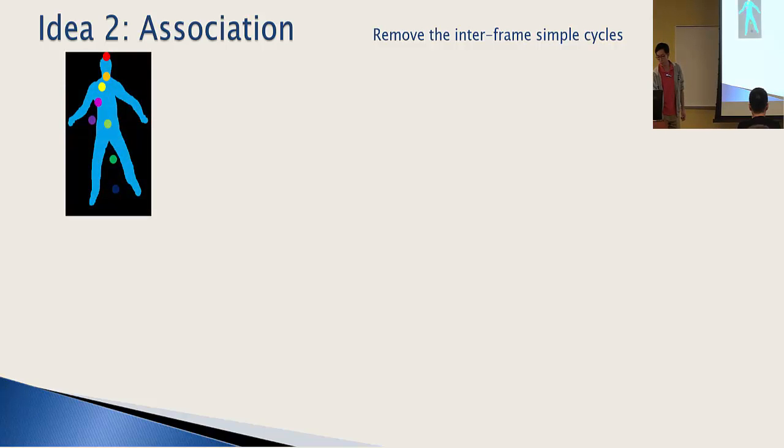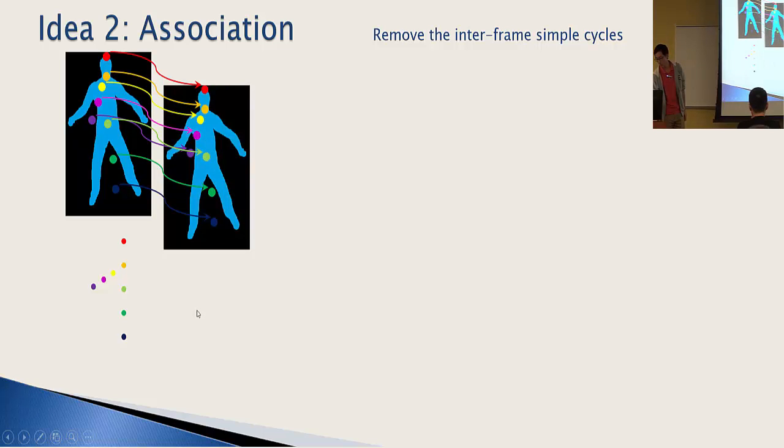Another idea we call association. We use this idea to remove the inter-frame simple cycles. For this graph, you can see there are several nodes which are our abstract body part nodes, and we track each node to the next frame like this, and we have the tracklets.